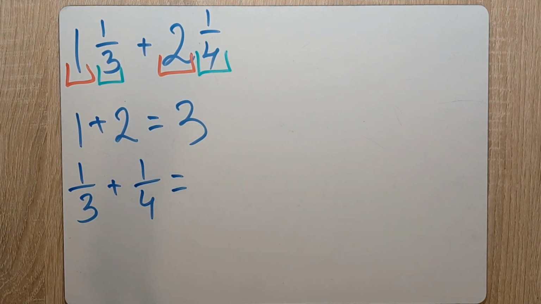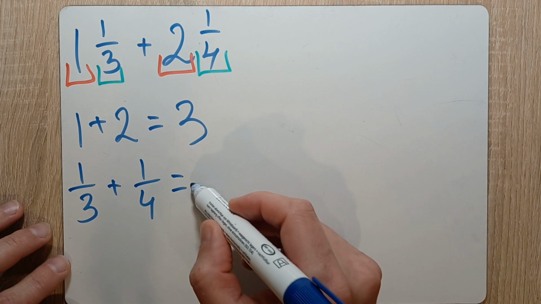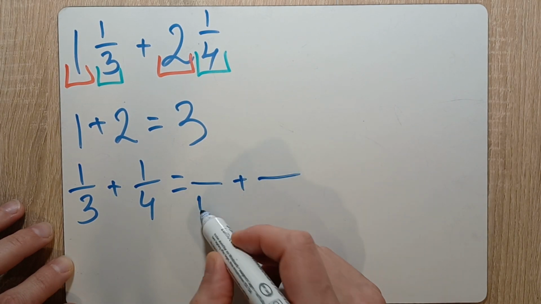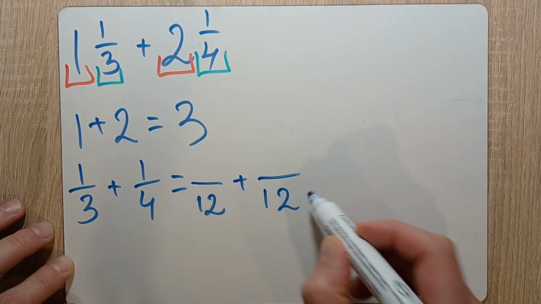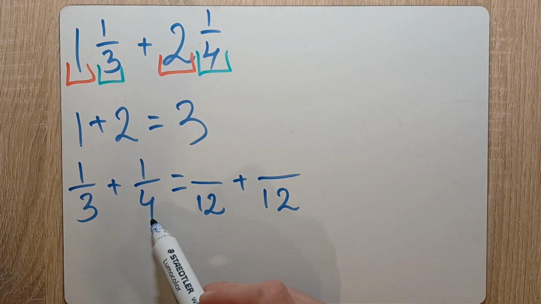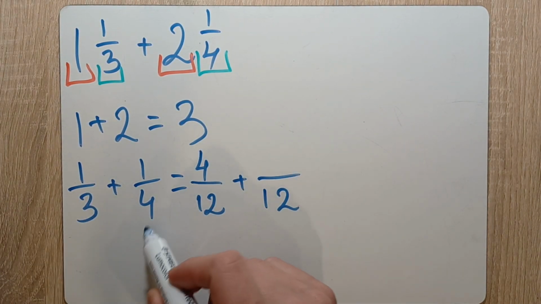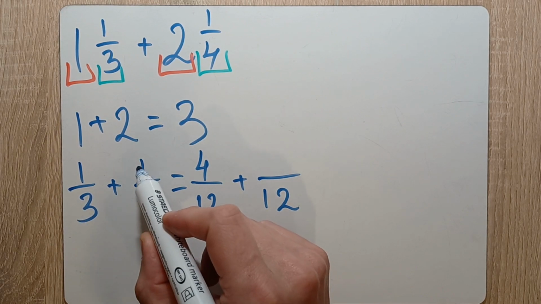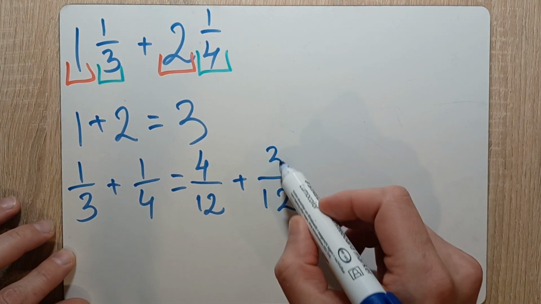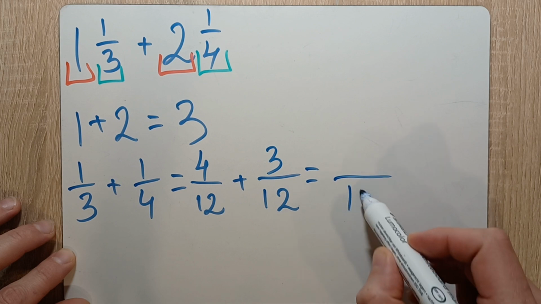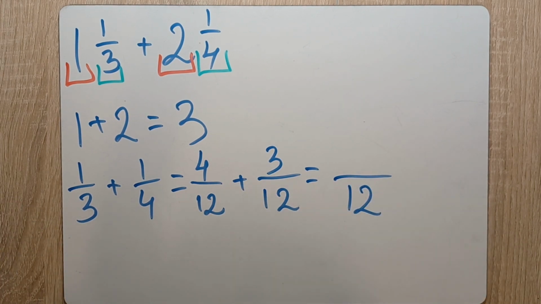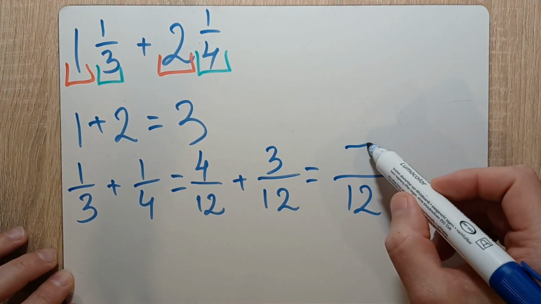We know that 3 times 4 equals 12. So 12 is my new denominator. 3 times 4, so 1 times 4 equals 4. 4 times 3, so 1 times 3 as well, which is 3. So 12 here, 4 plus 3 equals 7.